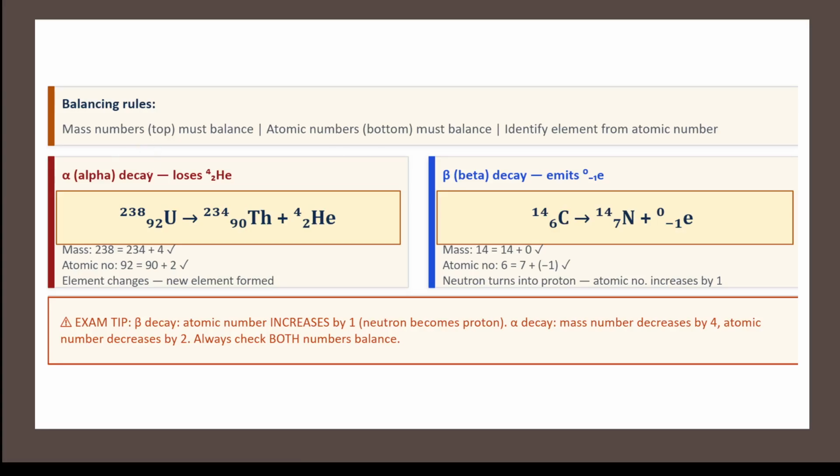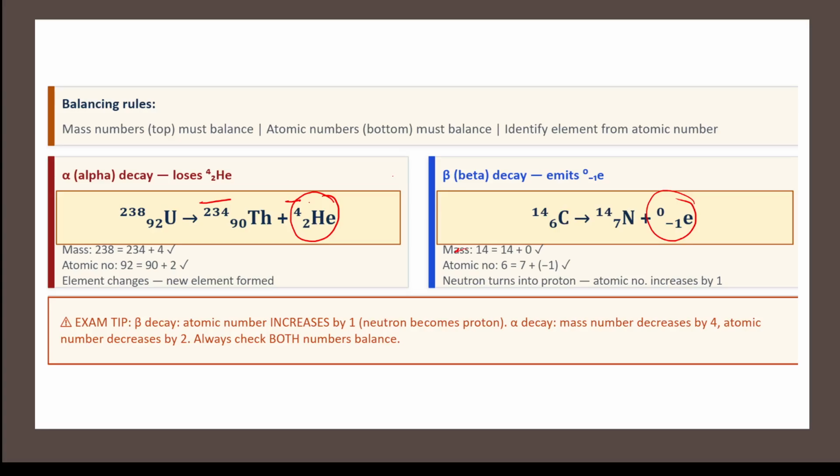Now, whenever certain radiations are emitted, like in this case an alpha particle is emitted, and in this case a beta particle is emitted, the atomic number and the mass number might change. So you need to balance both the sides. And how do you balance both the sides? See on the top here, I have 234 and I have 4.